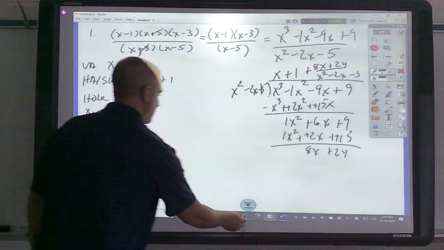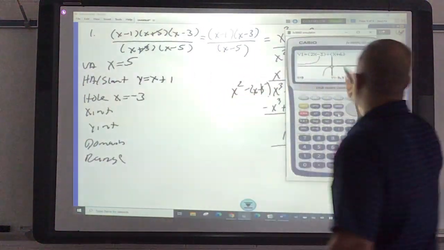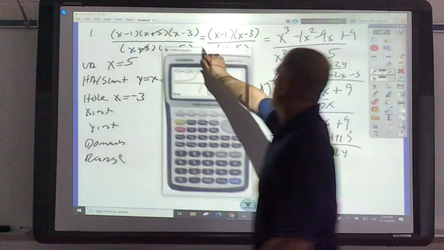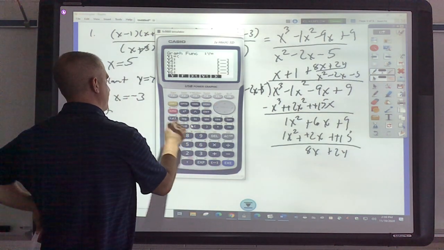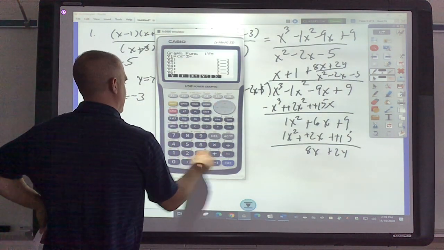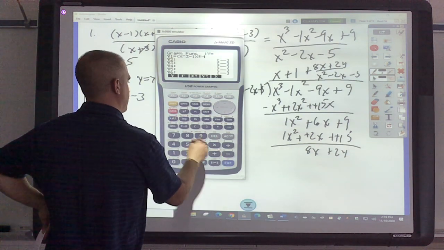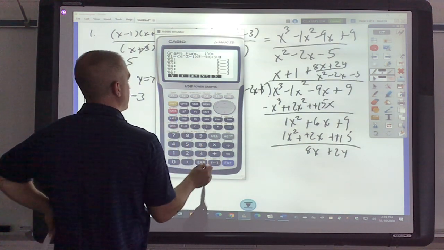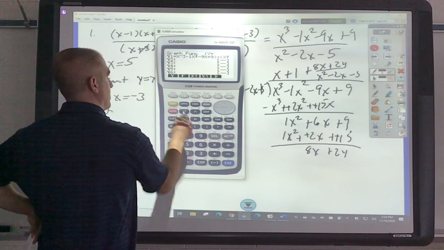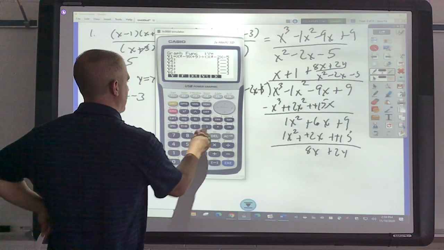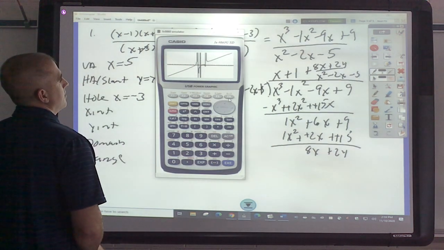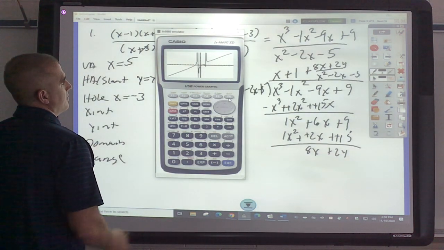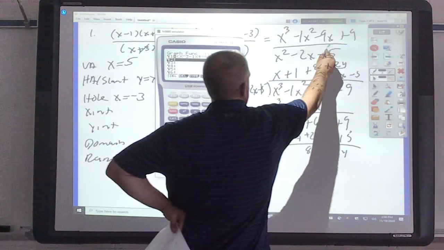Okay, how I would graph that: x cubed minus 1x squared minus 9x plus 9 divided by x squared minus 2x minus 15. Draw. Okay, sort of a crazy graph. Oh, not minus 5, minus 15.